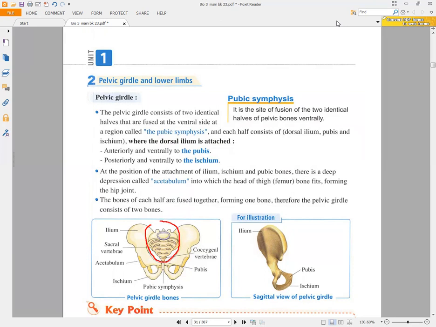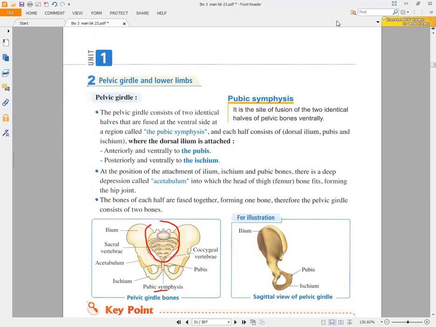The coccygeal vertebrae are also present in the pelvis, but they do not help in the attachment. The attachment is by the sacral vertebrae. Also, they attach from the anterior part by a cartilaginous part that is called the pubic symphysis, okay?